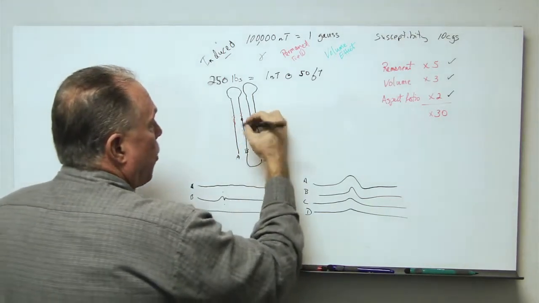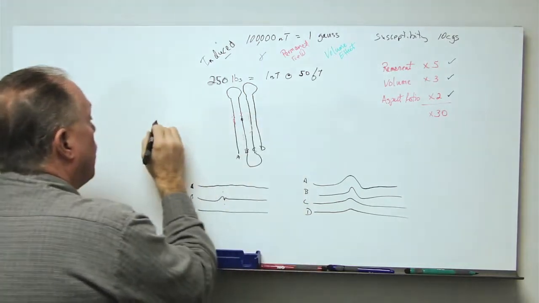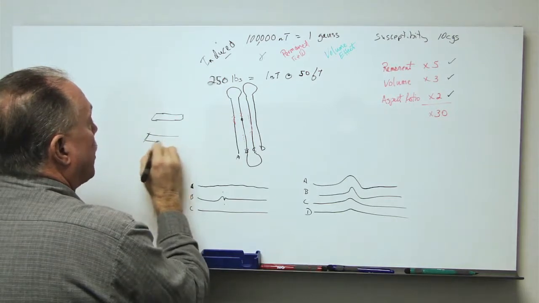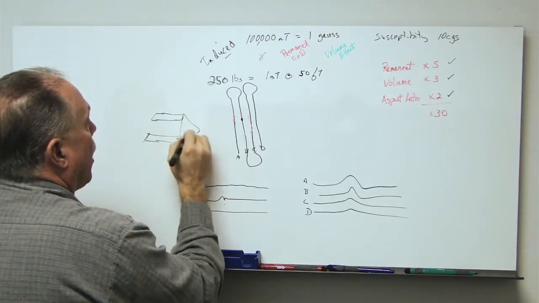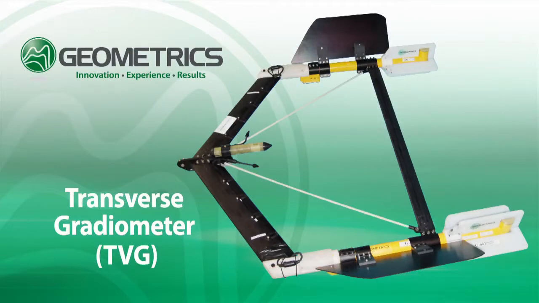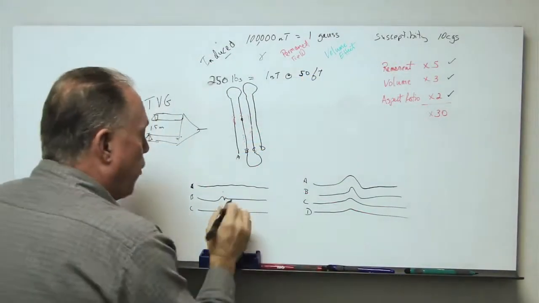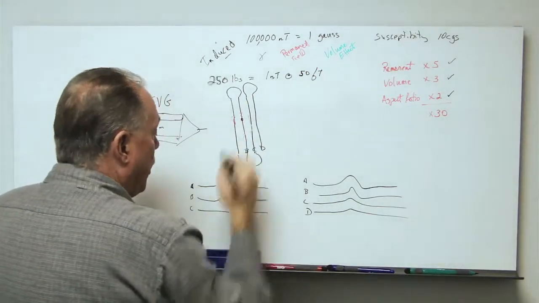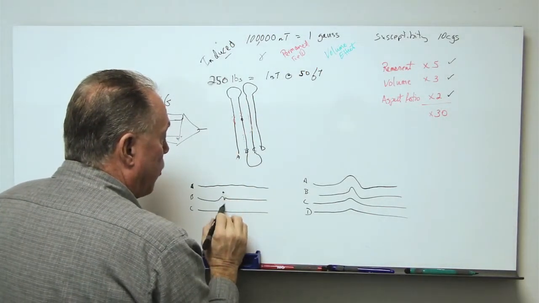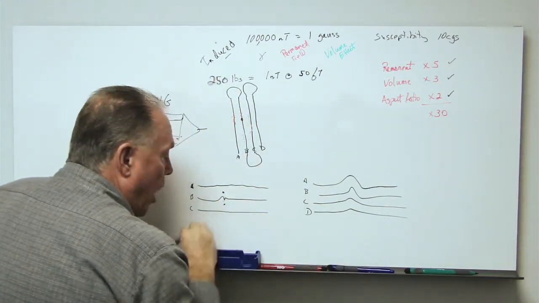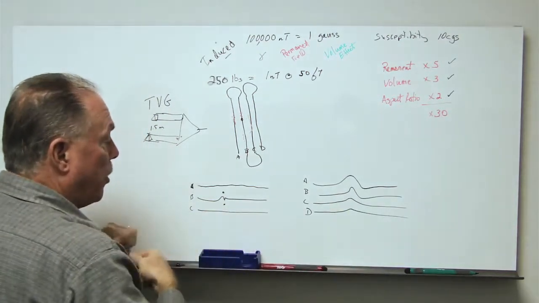And so if we tow a sensor array where we have one sensor, and then a second sensor, and we are towing a transverse gradiometer, TVG, with a separation of perhaps 1.5 meters, then even if we only see it on one line, we immediately know whether it's on the left or the right, because we'll be getting dual lines, and one of these lines will have a slightly greater amplitude than the other.